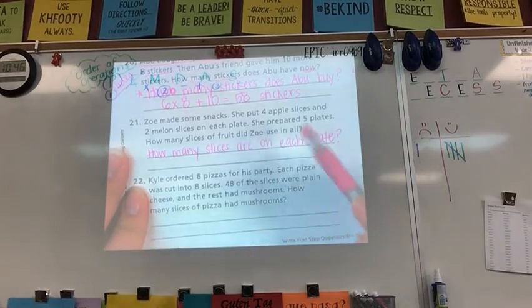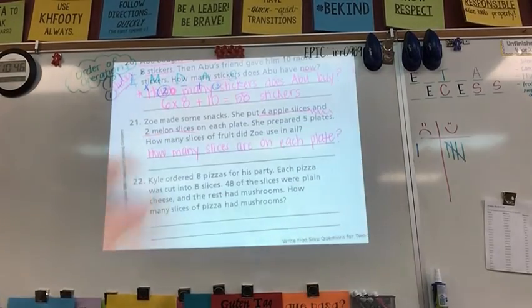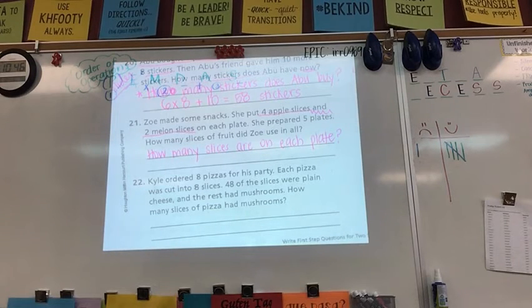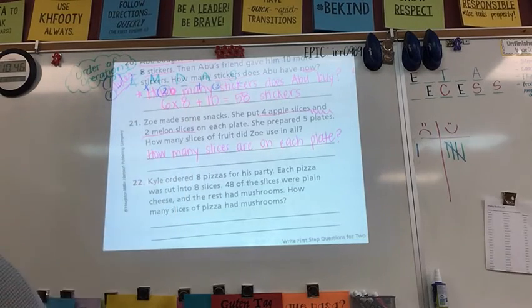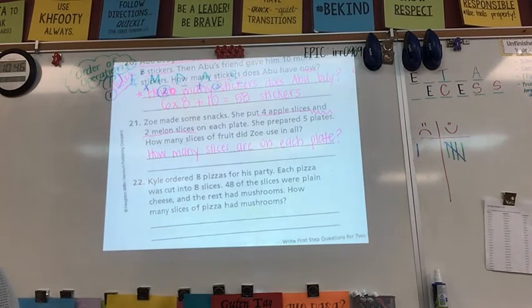If there's 4 apple slices and 2 melon slices on each plate, how would we represent that as part of our two-step equation? What does and usually tell me to do in math?